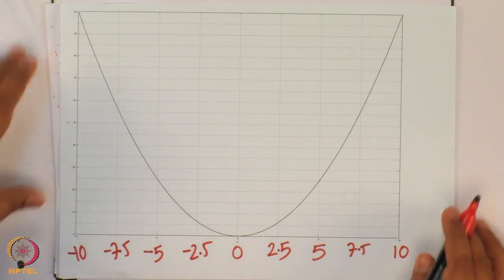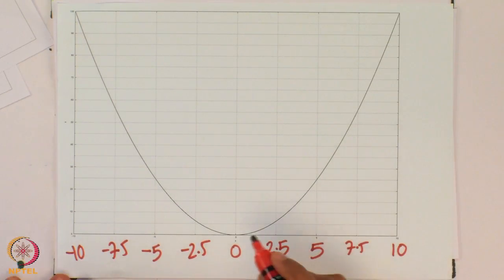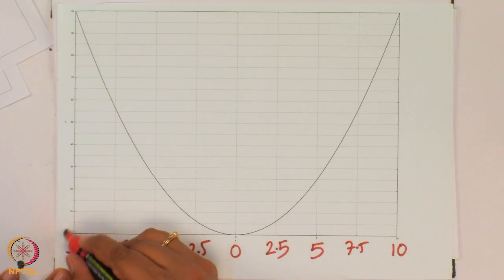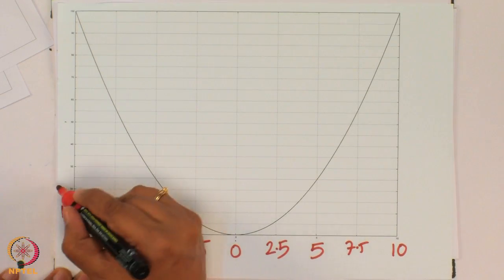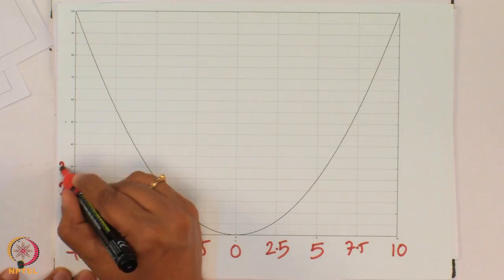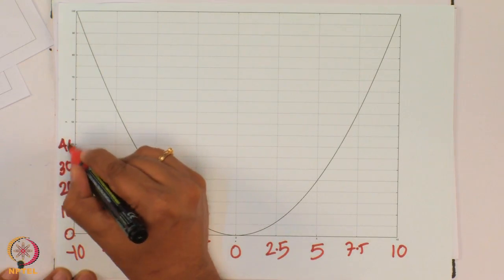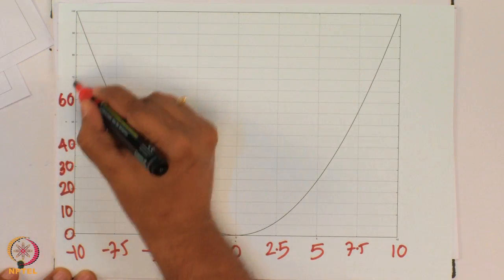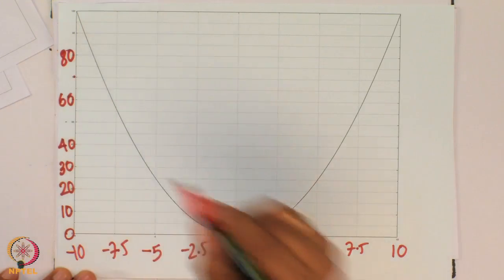And correspondingly, let me draw some important values here. So this is 0, of course, this is 10, 20, 30, 40, 50, 60, 70, 80, and so forth.